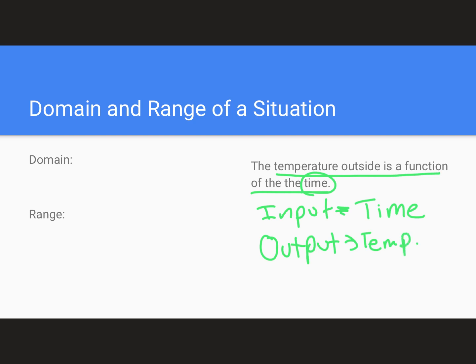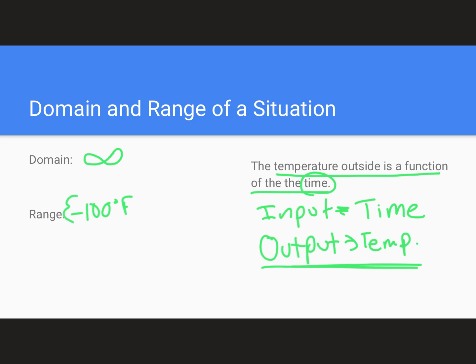So if our input is time and our output is temperature, in this case, our domain would be any time, right? It can be any time, so it's going to be infinite. And the same thing with our range, our temperature. But we might have a limit. Let's say that your limit's going to be whatever the lowest temperature ever recorded on Earth would be. So let's say like negative 100 degrees Fahrenheit.